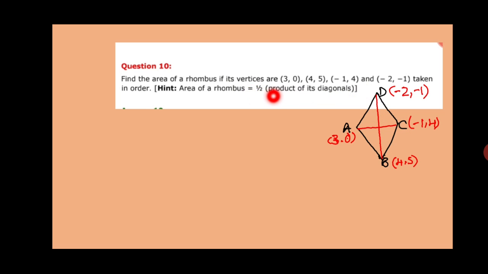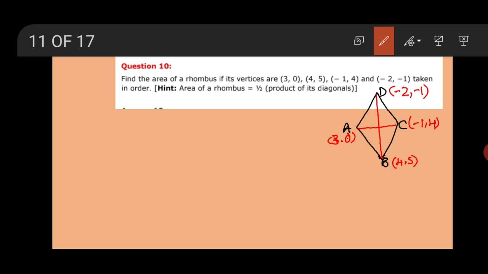Now if you are able to find the length of the diagonals, then we can find the area of the given rhombus. It is given by half into D1 into D2, where D1 and D2 are the diagonals, or AC into BD. Right? So find the length of the two diagonals first.